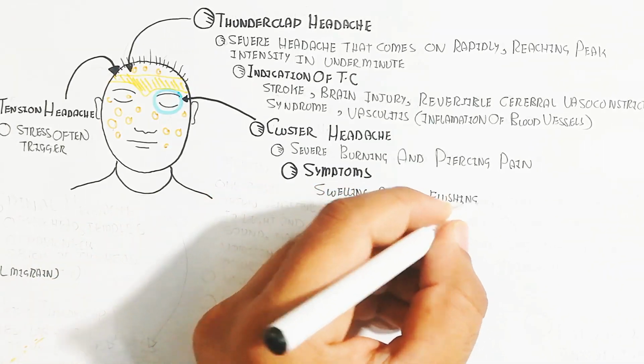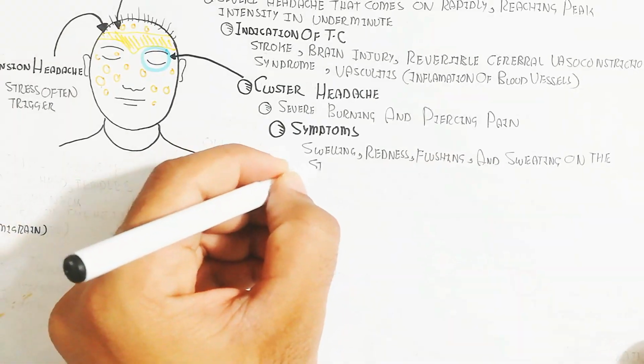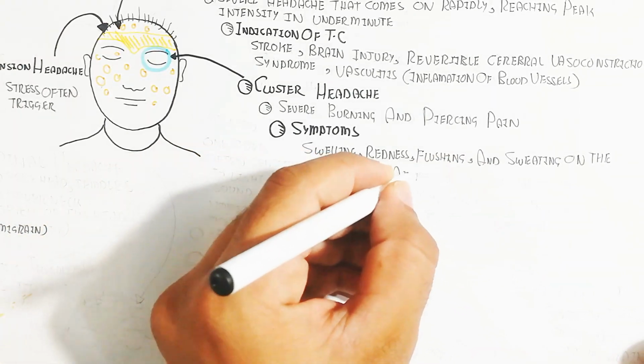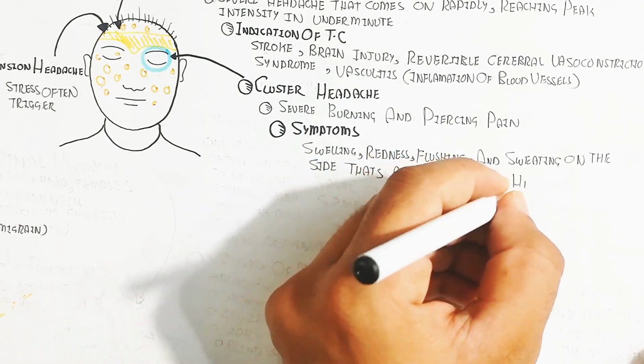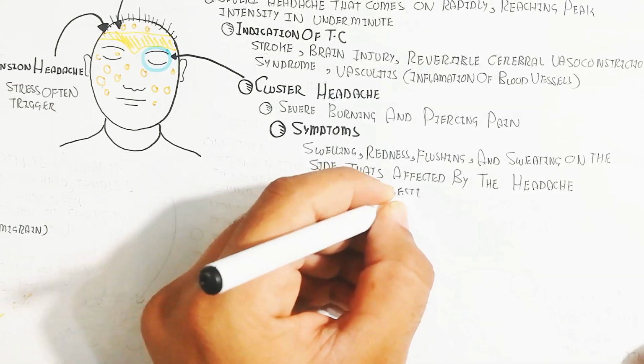Symptoms we will understand in this manner: the swelling, redness, flushing, and sweating on the side affected by the headache, like nasal congestion and eye tearing on the same side as the headache.